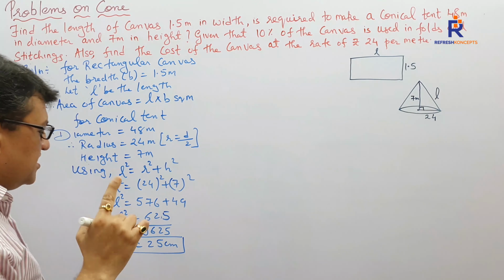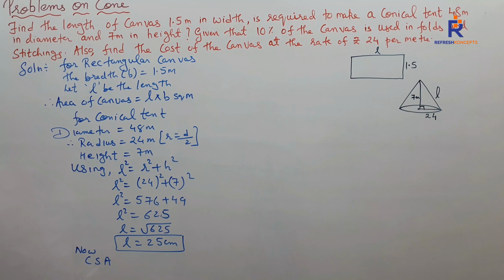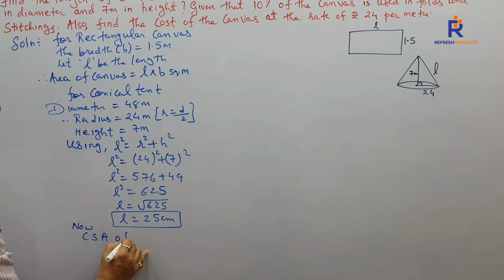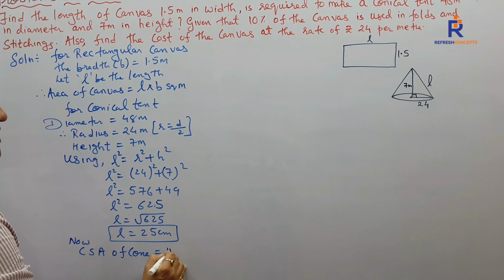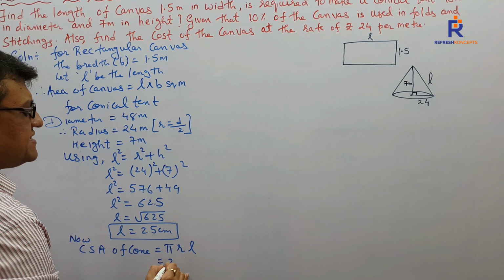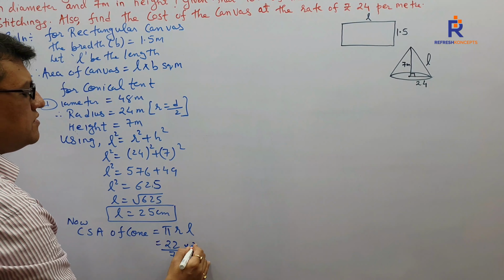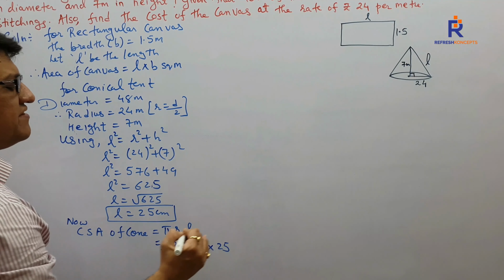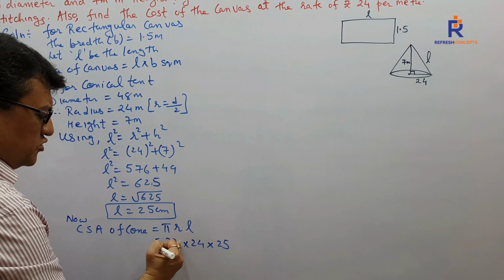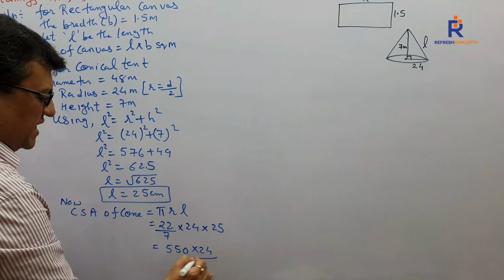The question will be, first we need to find out the curved surface area of the cone. So let me say now, CSA of cone is pi r L. 22 by 7, radius is 24, L is 25. 25 into 22 is 550, into 24 by 7.